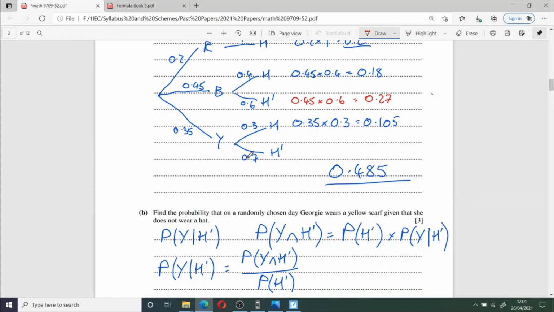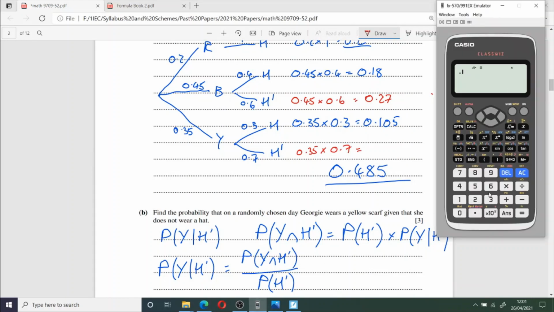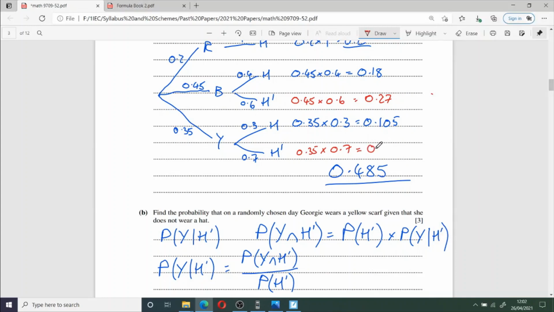And we also have not wearing a hat here, 0.35 times 0.7, which is 0.245.